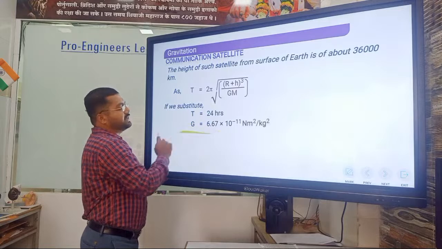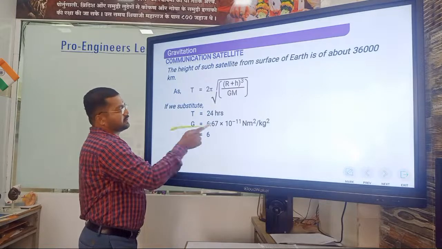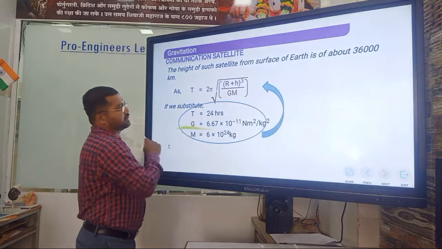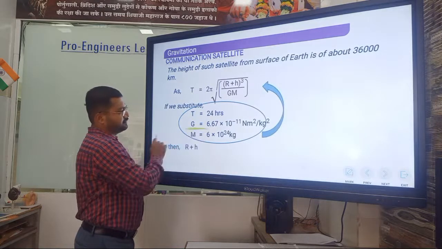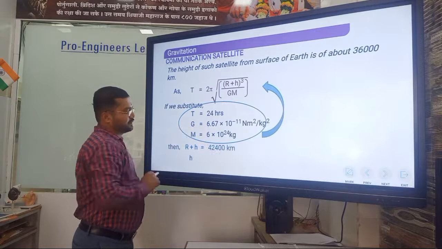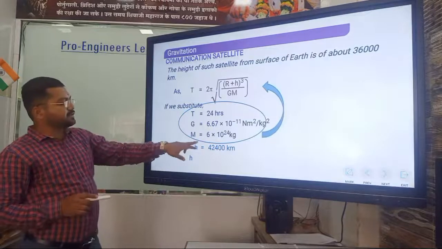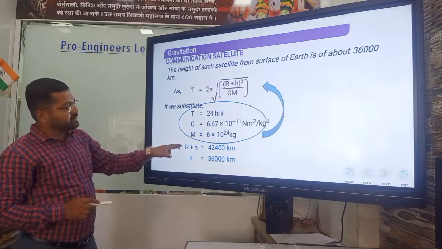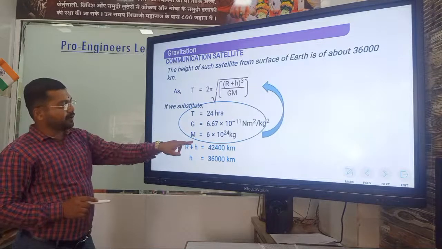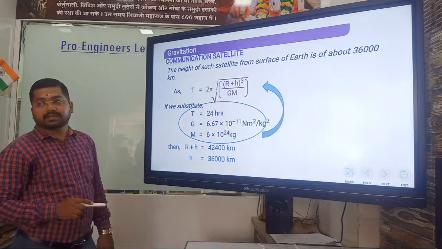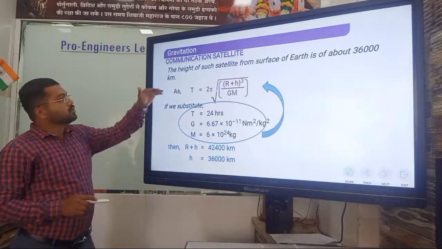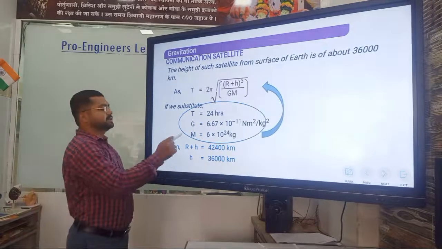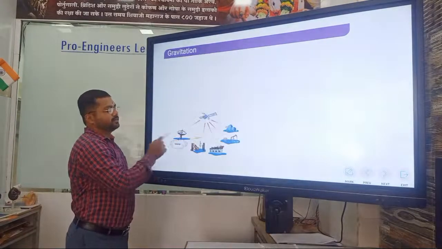So we can easily find R plus H as 42,400 kilometers, and if we subtract R from this, we get H as 36,000 kilometers. So the height of such a satellite from the surface of Earth is about 36,000 kilometers.